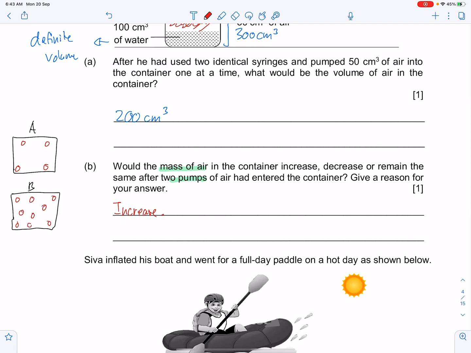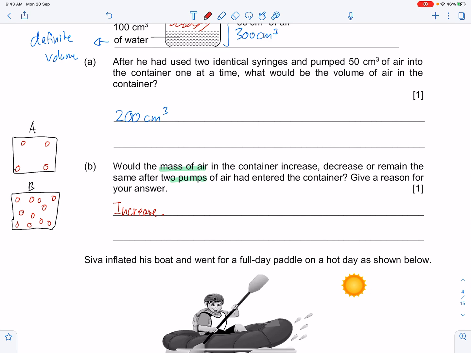Now when you put in more particles, they fill in the empty spaces here. You see it's filling it in. So there are lots of empty spaces between the particles of air. Okay, so they can be compressed into the same volume. So in this case, the amount of matter that is used to make up the air has increased. Okay, so the mass would have increased.